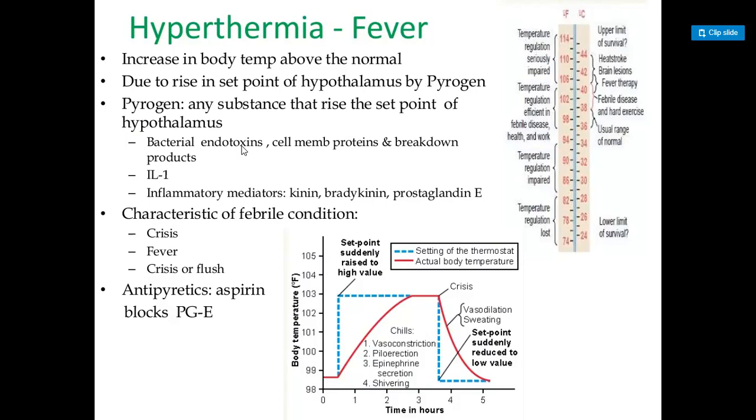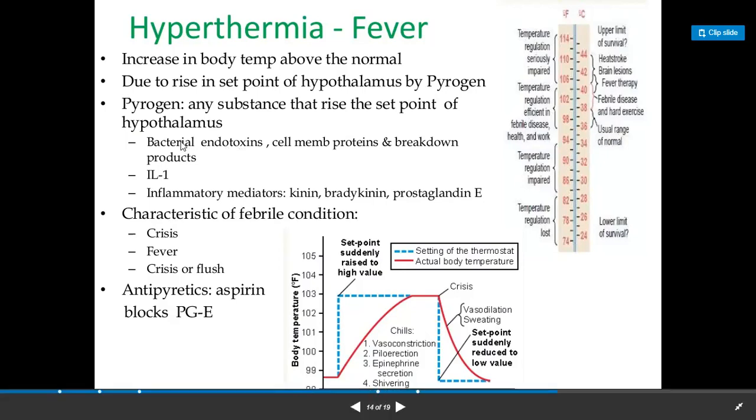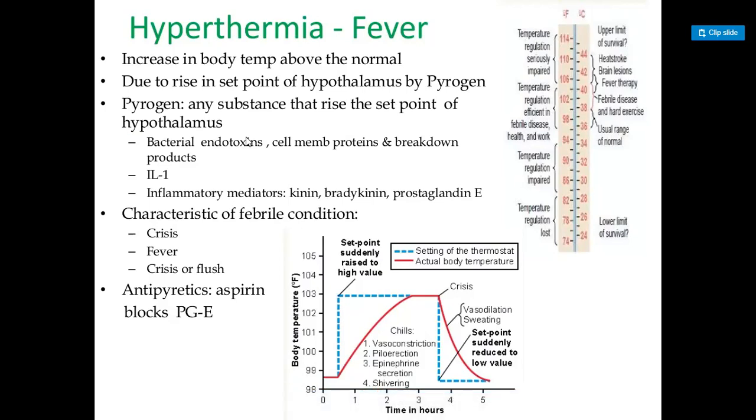So antibiotics do not stop fever, okay? They rather can lead to an increase in fever, because they go to kill the bacteria and the bacteria releases an endotoxin, and that endotoxin causes an increase in temperature, because your body identifies that there is a new substance in the blood.